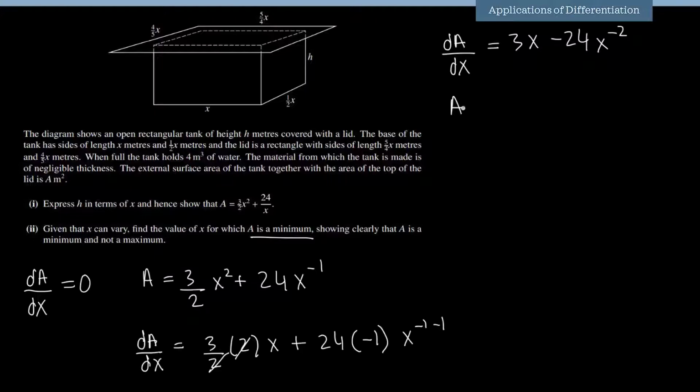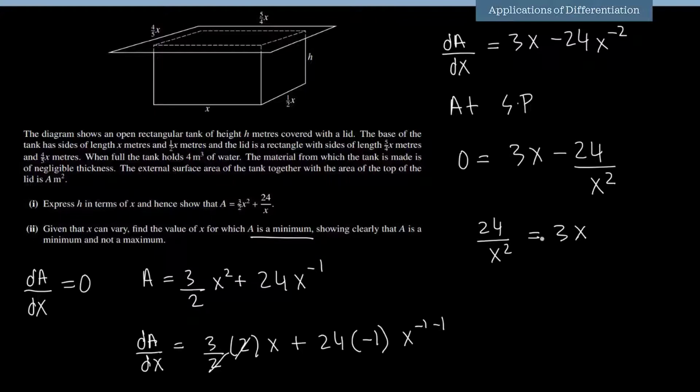Now at the stationary point, dA upon dx is going to be 0. So 0 is equal to 3x, and minus 24x to the minus 2 I can write as minus 24 upon x squared. Sending 24 upon x squared to the other side would give me 24 upon x squared is equal to 3x. Cross multiplying would give me 24 is equal to 3x cubed.